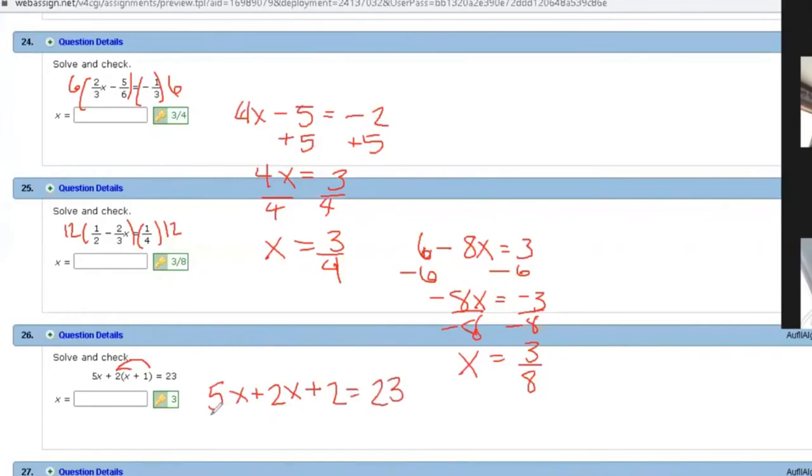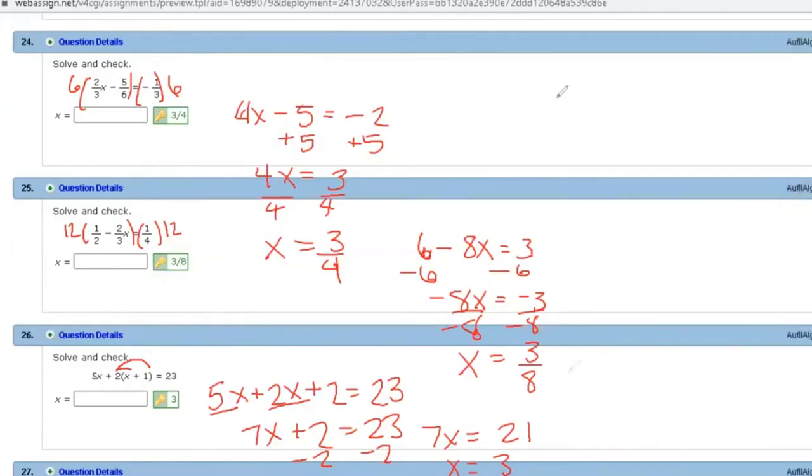Then from here, we just combine like terms, which will be 7x plus 2 equals 23. Then we will subtract 2 on both sides, and we'll have 7x equals 21. And from here, we see that x equals 3. All right. So that was objective 7. Let's move along.